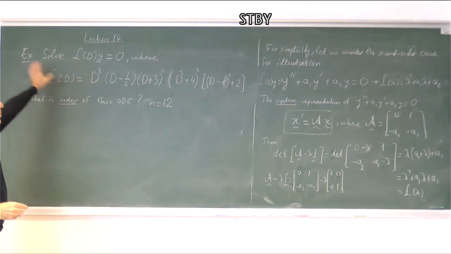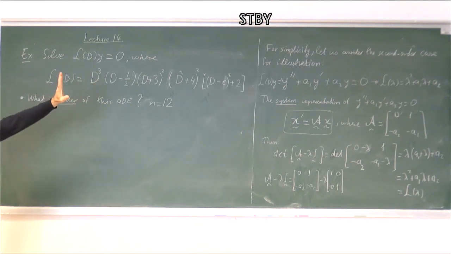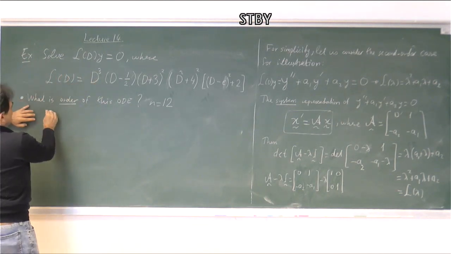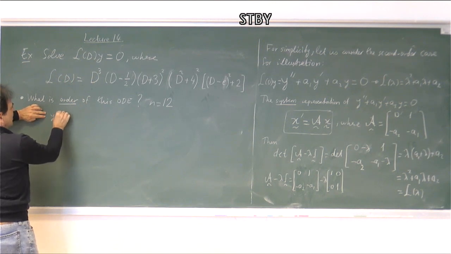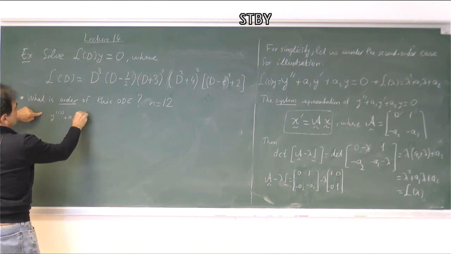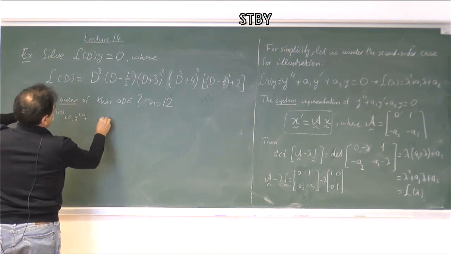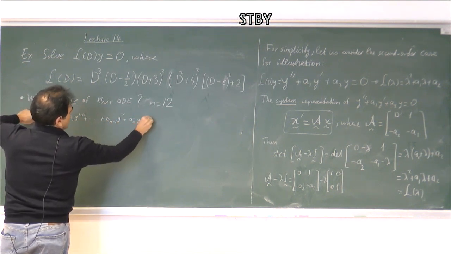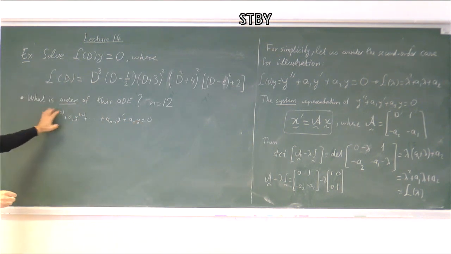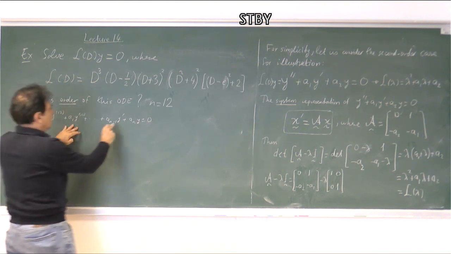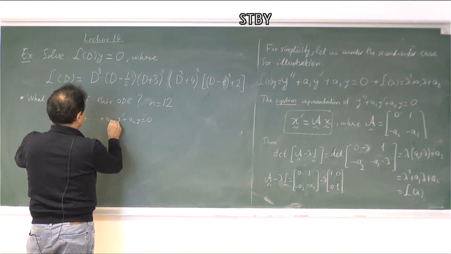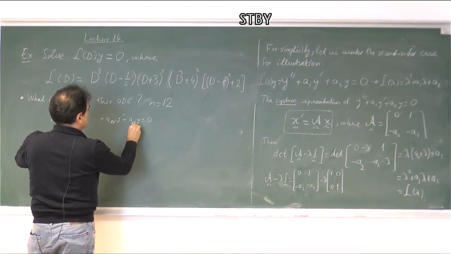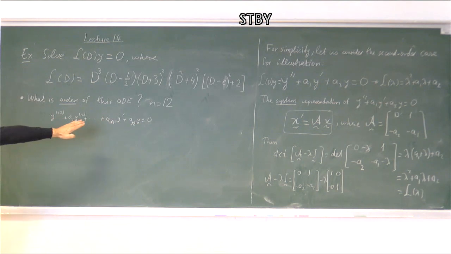In fact, if it is not given in factorized form, it is given as an ODE like y^(12), plus some number times y^(11), up to a(n minus 1) y prime, plus a(n) y equal to 0. It will be given in that form. This is n minus 1, 11, and this is 12.